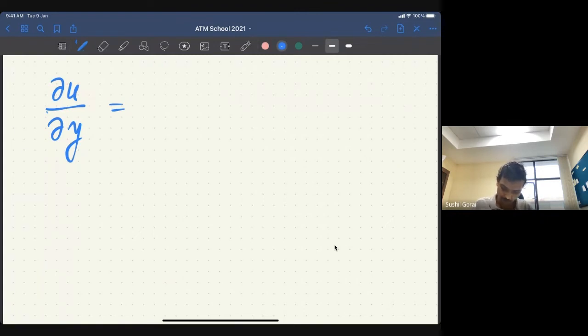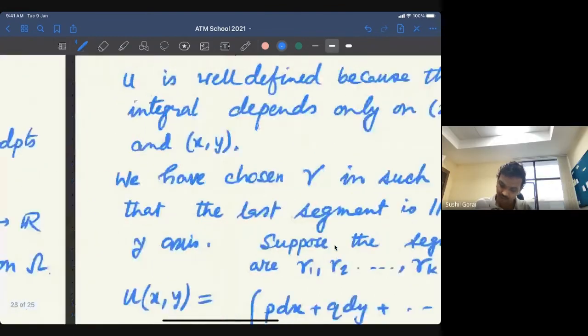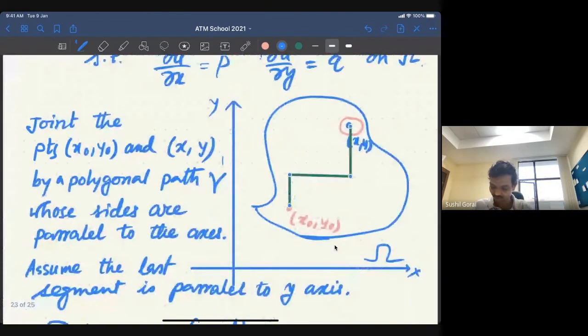Sir, can you repeat this again? Yeah, maybe you can look at this example. You have (x0,y0). Let's call it here. This would be, let's say, (x0,y1), and this should be (x1,y1), like this.